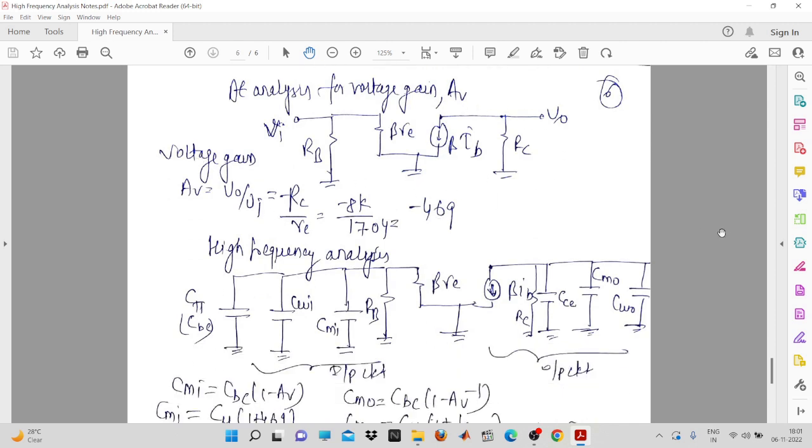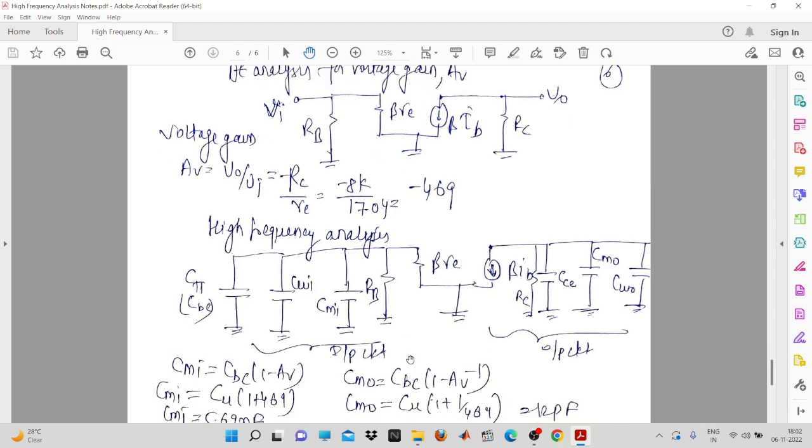So now you can simply do the high frequency analysis. Now we will have all the capacitances. See, we have not incorporated any coupling capacitors and the bypass capacitor. We have just incorporated only the stray capacitances, the Miller input and output capacitance, and the wiring input and output capacitance.